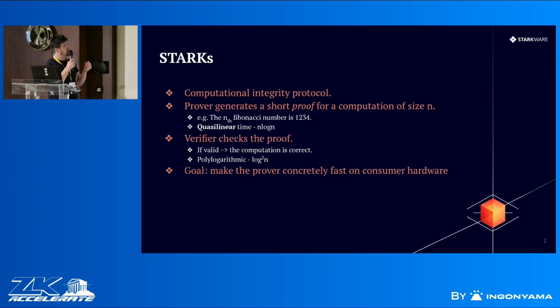And then the verifier can take this proof and run this algorithm, and if it gets true, then the proof is great, and the computation is probably correct. And our goal is to make this prover as fast as possible on consumer hardware. Now, I just want to mention that this is not always the goal in these systems.